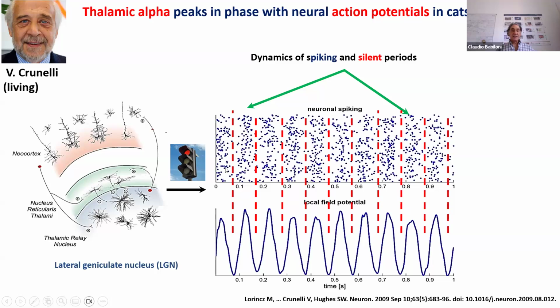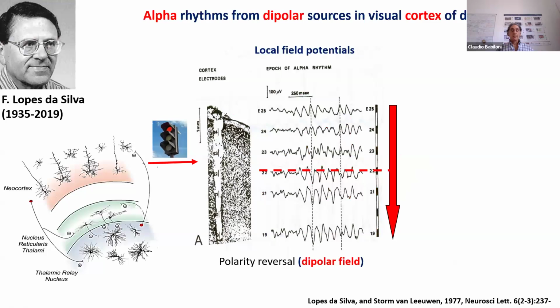And so you see that in this specific case, you have a clear relation between intense spiking activity of thalamocortical neurons and the upper peak of the oscillation of local field potentials. And the silent period is related to the lower peak of these oscillations, and so on. So we gain information about the generation of EEG alpha rhythms from these studies.